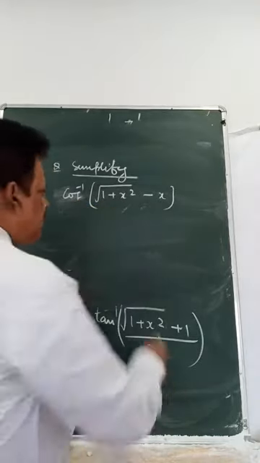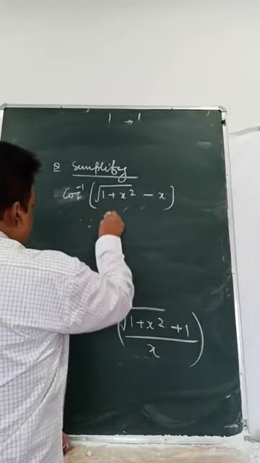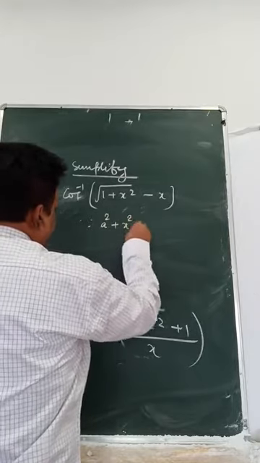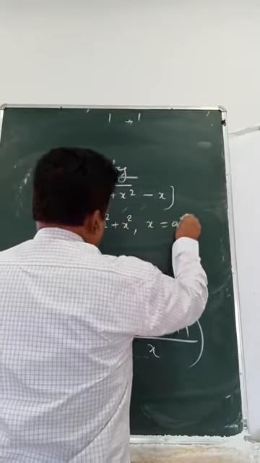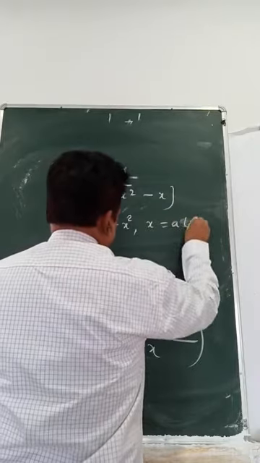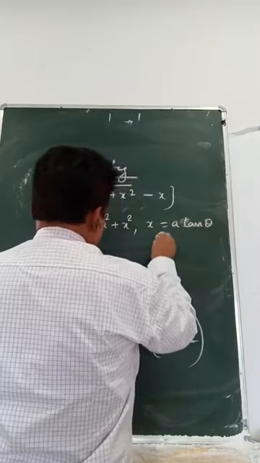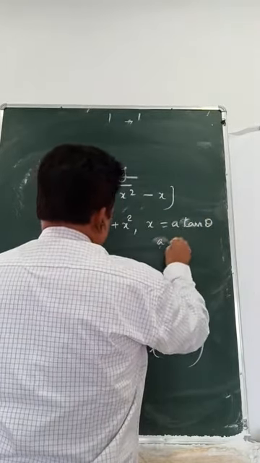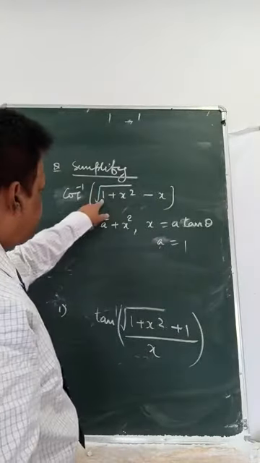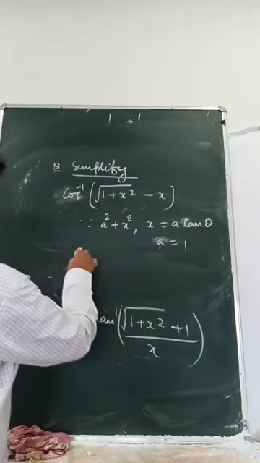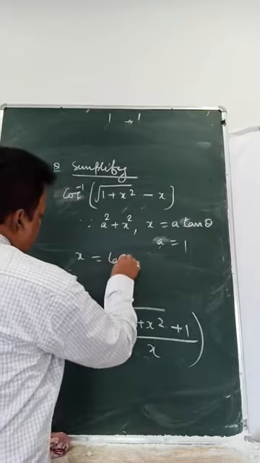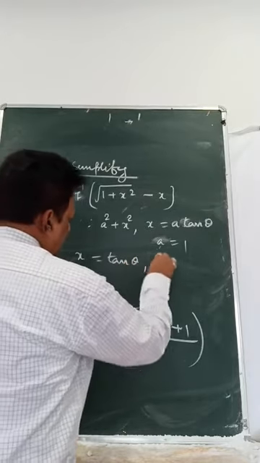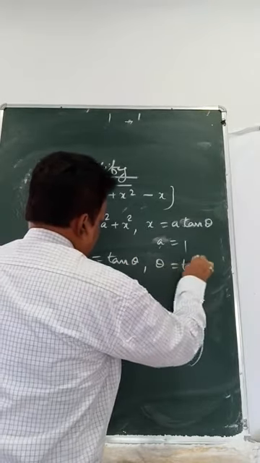Clue is here means it is a square plus x square, from x equals a tan theta. So a is equal to 1. A is 1 here. That means our x will be only tan theta. So theta will be tan inverse x.